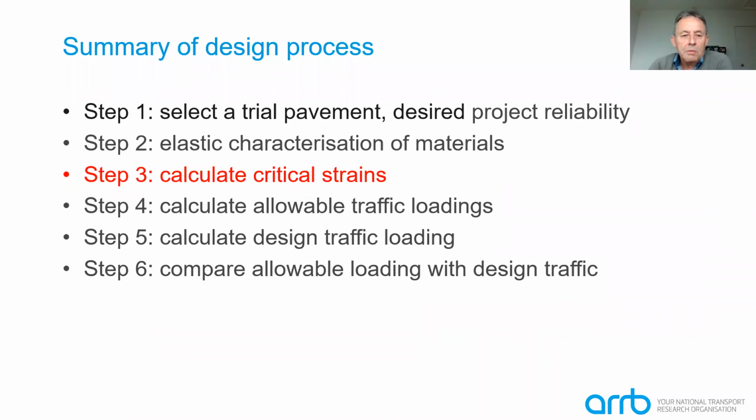So when you go about working out a pavement design, these are the steps that you undertake. First off, it's an iterative process where you select a trial configuration of pavement and you select the required project reliability level. For example, on a freeway pavement, you might know from experience that you'll need, say, 300mm thickness of asphalt on a working platform of a granular material.